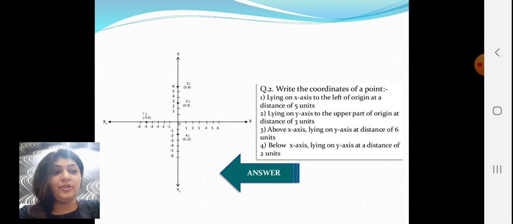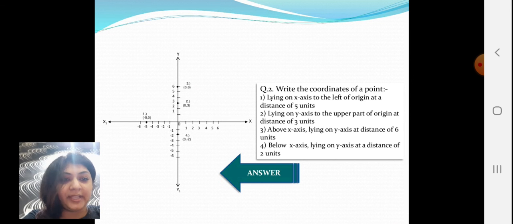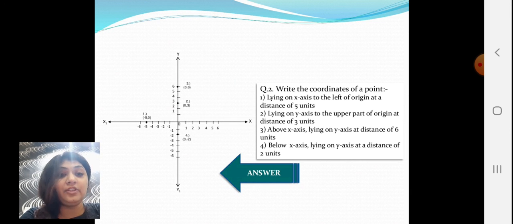Now here you can see there is a question given. You have to answer the following question. Write the coordinates of the point. First, lying on the x-axis to the left of the origin at a distance of 5 units.